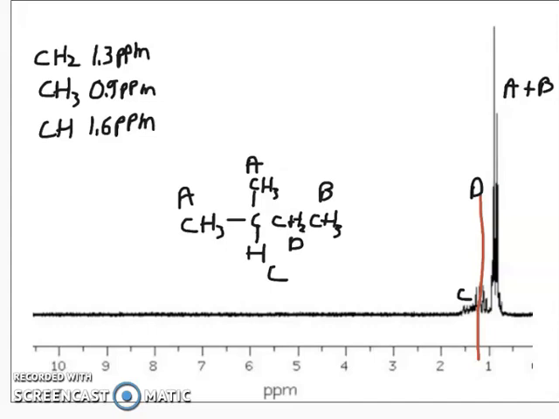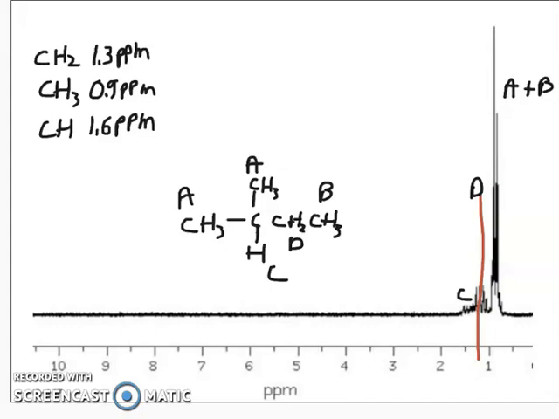We can compare these to what happens when we take our unsubstituted alkane, or our hydrocarbon that has no other non-carbon hydrogen groups in it, and compare this to the chemical shifts for these same groups when we start substituting other things into the molecule. And we're going to look at that right now.